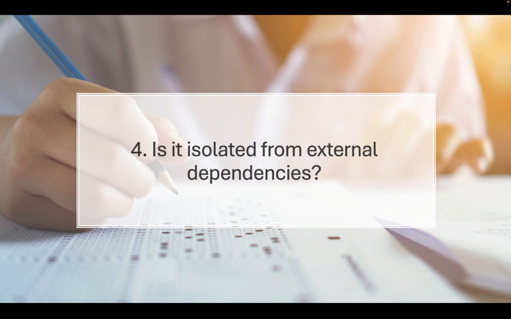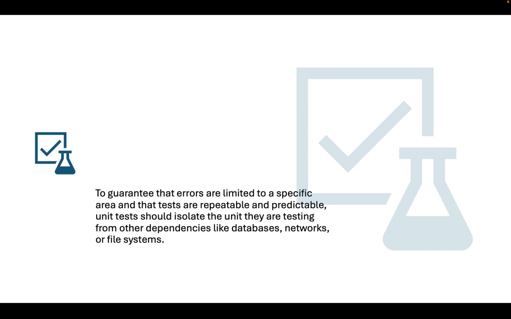4. Is it isolated from external dependencies? To guarantee that errors are limited to a specific area and that tests are repeatable and predictable, unit tests should isolate the unit they're testing from other dependencies like databases, networks, or file systems. 5.